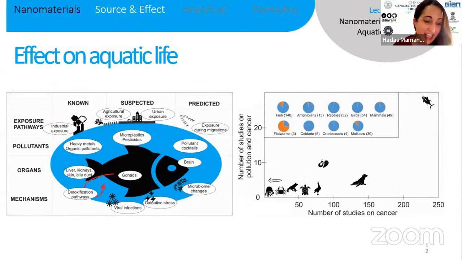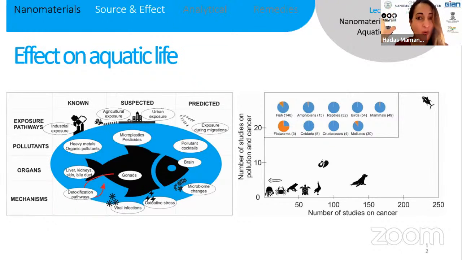So when we look at the effects of nanoparticles in the aquatic environment, there are many things to consider. One of the main things is that, due to the interconnectedness of the aquatic ecosystem through marine and atmospheric transport routes, the aquatic ecosystems are very vulnerable to nanomaterial pollution.